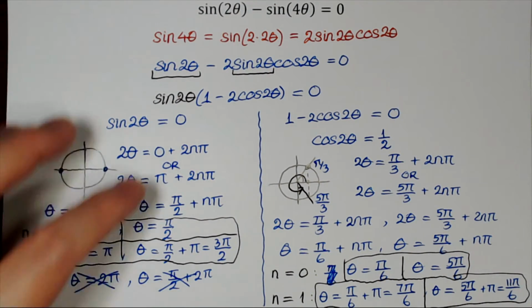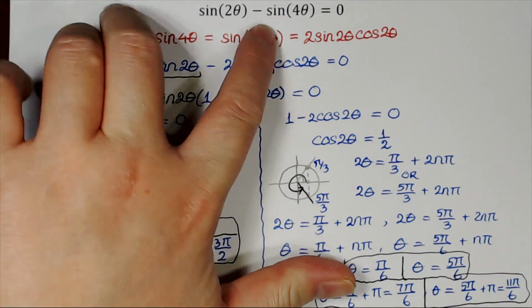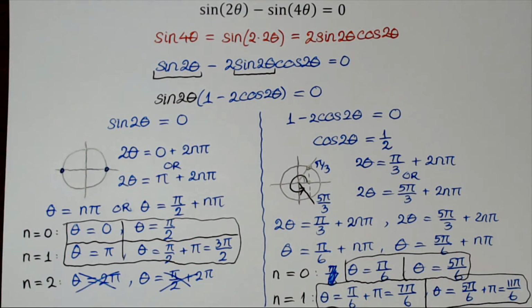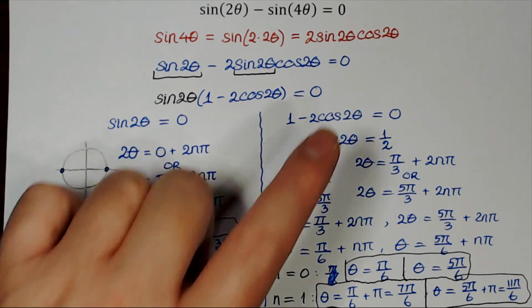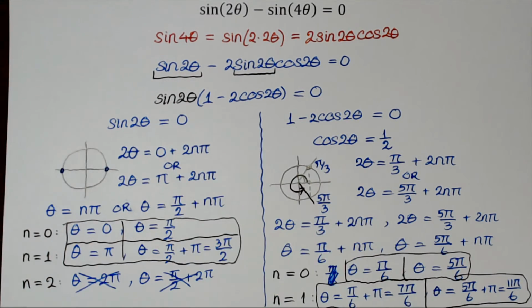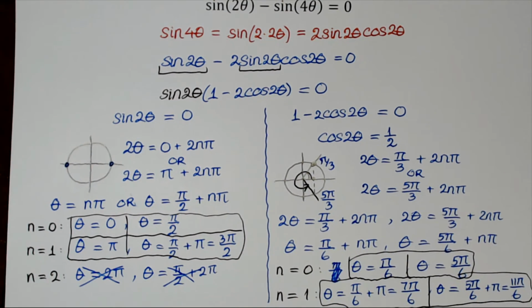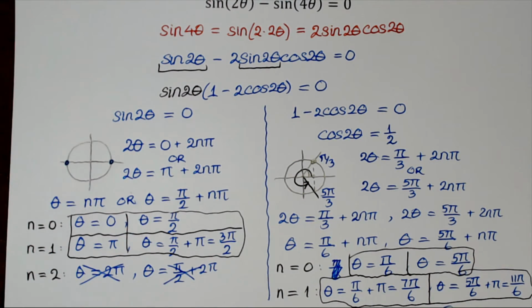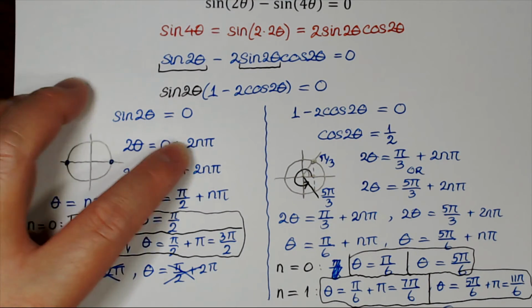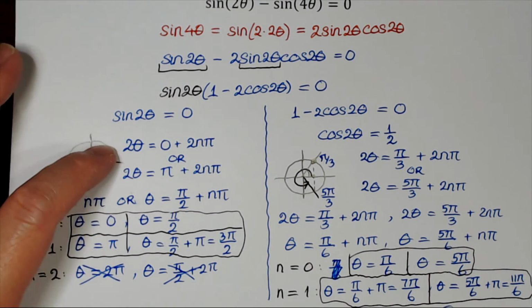So we just rewrite the sine of 4 theta using the double angle formula of sine, and then we factor. At least one factor must be 0, and we let that equal to 0, and we solve for it. When we have the multiple angle equal to something, at the end we can divide back.